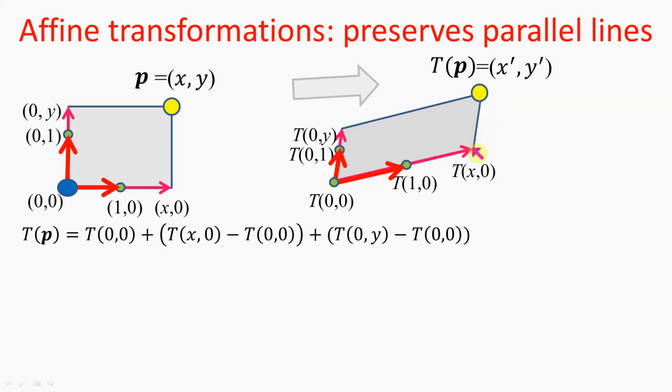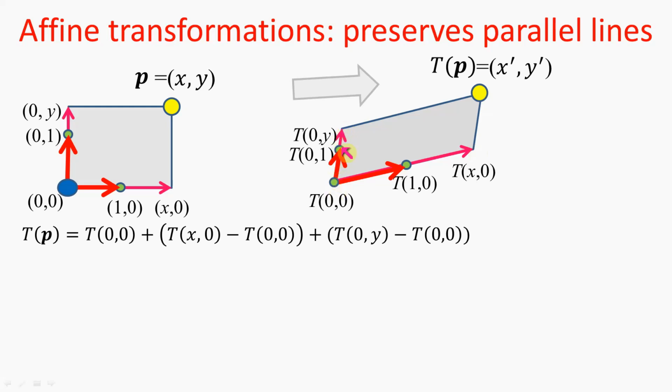However, we know that parallelograms have opposite sides that are parallel to each other and also have the same length. So instead of walking along this edge, the same result can also be obtained by adding this vector to the point reached in the previous phase.